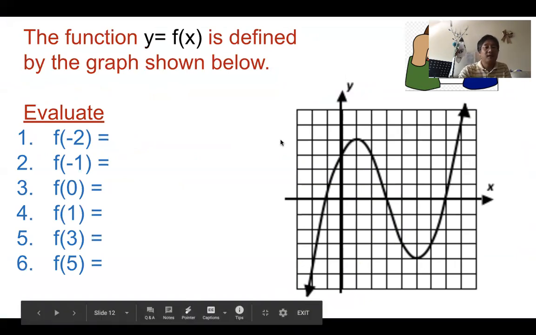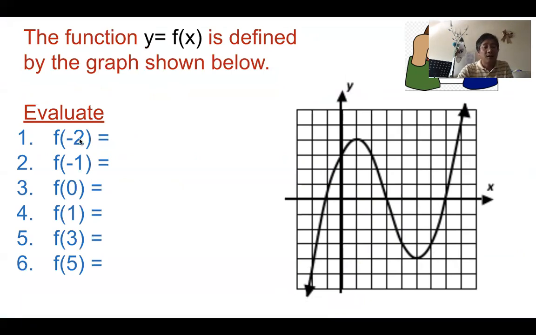Then can you find out what is f of negative 2, f of negative 1, like this? Sorry. So f of negative 2 means we are going to get the y value when input x is negative 2, right? So what is the y value when x is negative 2?